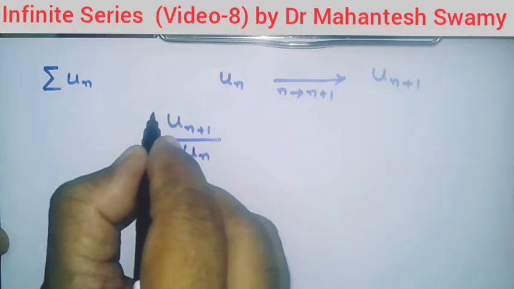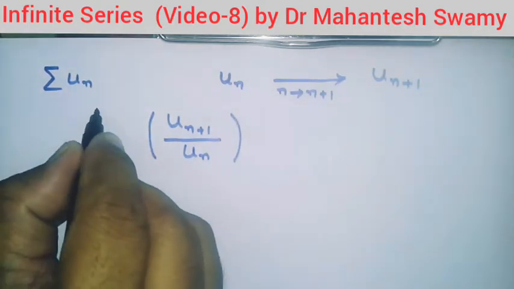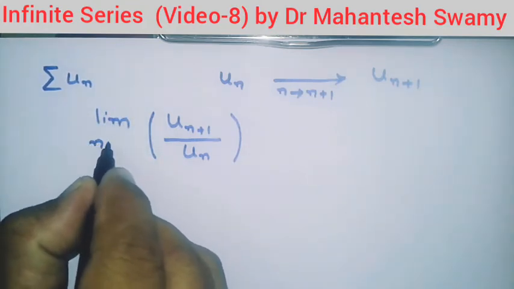To this ratio we have to apply the limit as n tending towards infinity.